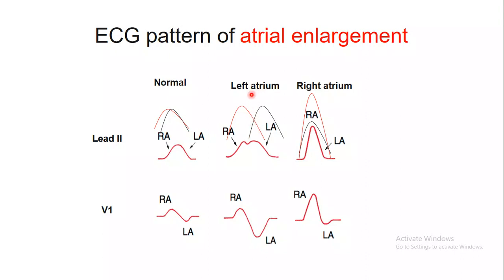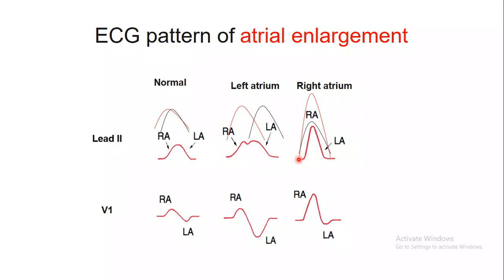When we have left atrial enlargement, the left atrium depolarization takes more time, so it becomes more delayed. So we have this P wave in lead 2 prolonged and notched. This is called P mitrale, which denotes left atrial enlargement. It is called mitrale because left atrial enlargement is common with mitral valve disease.